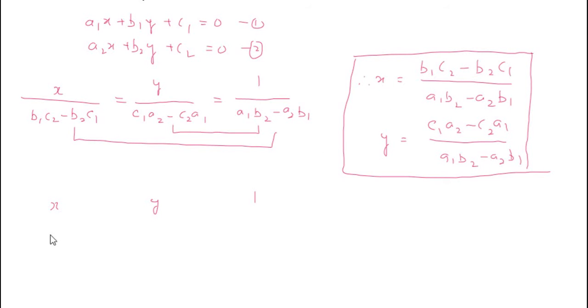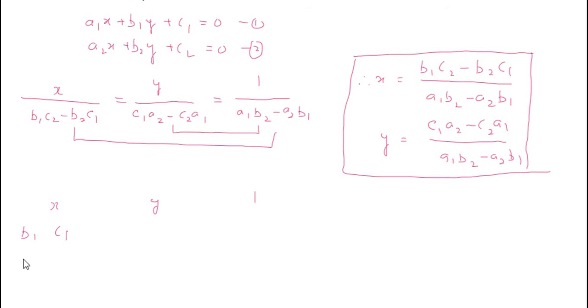Below x you write the coefficients. The coefficients of x are a1 and a2. Leave those two and write the other two coefficients, b1 c1, b2 c2, just below x.